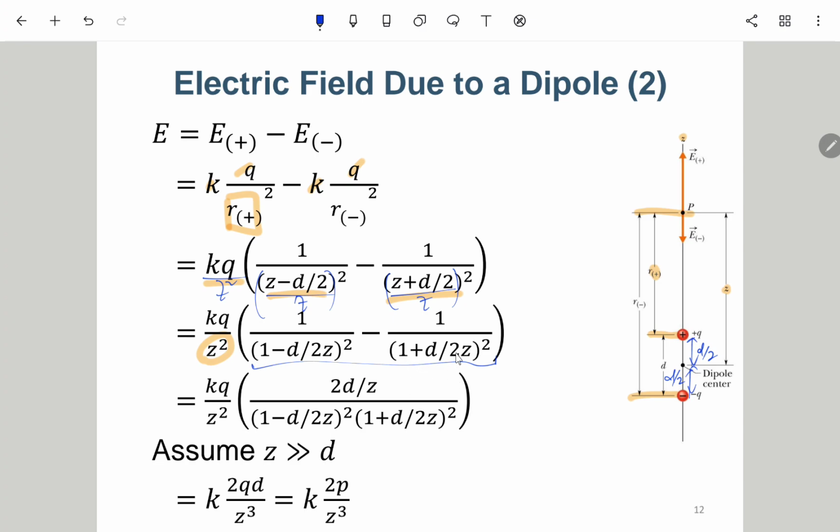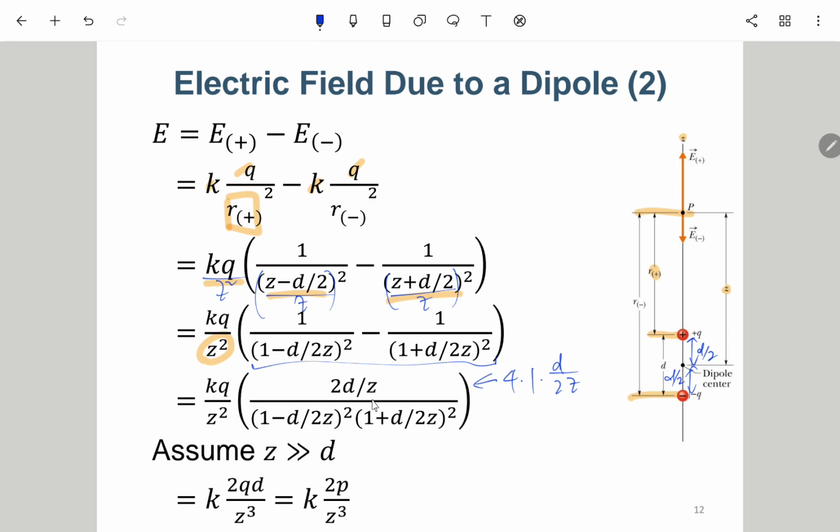Here a plus b squared is a squared plus 2ab plus b squared, and a minus b squared is a squared minus 2ab plus b squared. After the subtraction, only 4ab remains. That is 4 times 1 times d over 2z, so the 4 and 2 partly cancel, and we have 2d over z in the numerator.